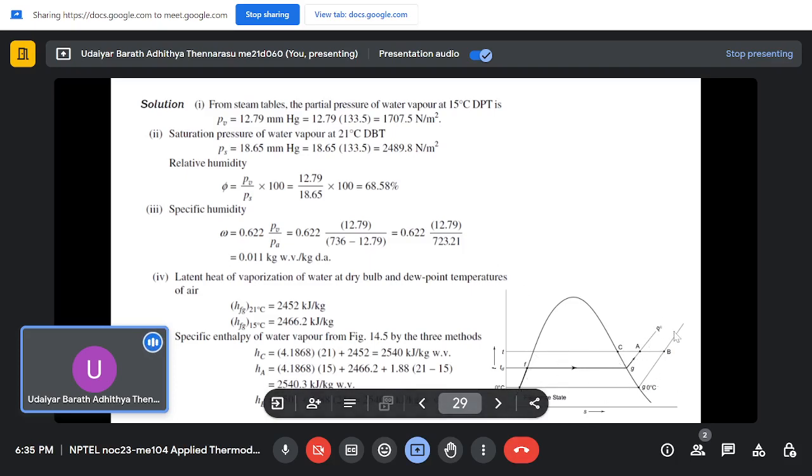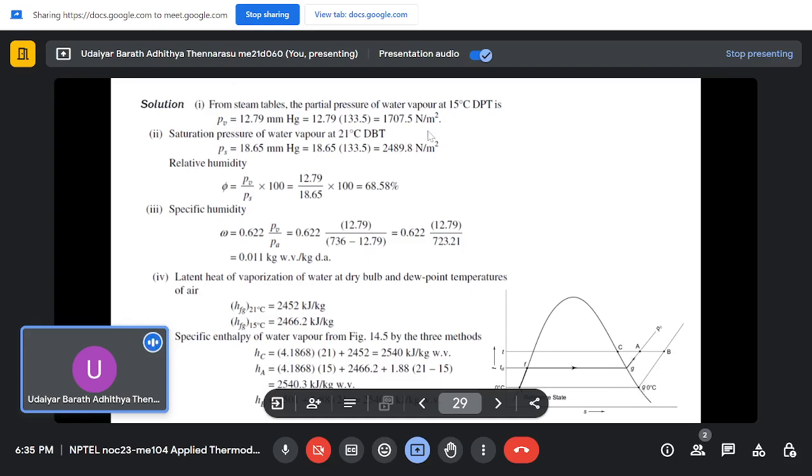So if you see in the previous problem, we found the vapor pressure not at 21 degrees Celsius but at 12.8 degrees Celsius, the dew point temperature. That was the saturation pressure which we calculated. It will go along the constant pressure line, and the vapor which is present at room temperature will also have the same vapor pressure as at the saturated temperature, the dew point temperature.